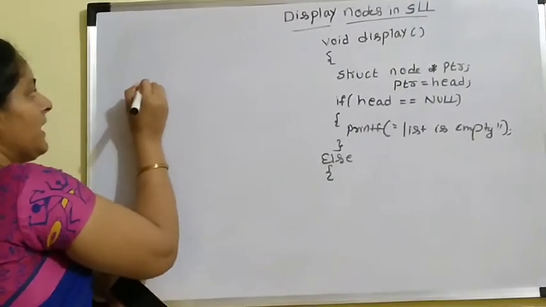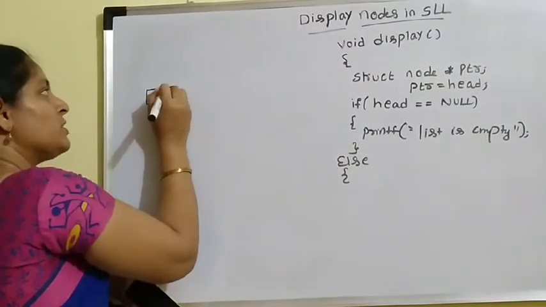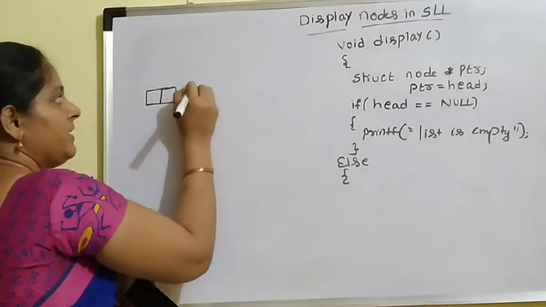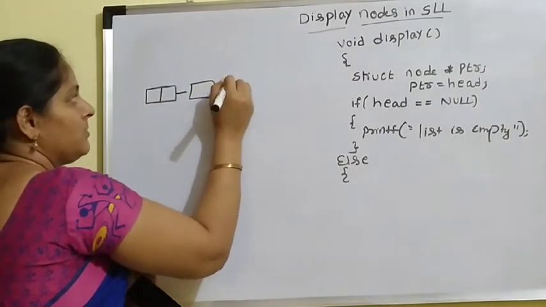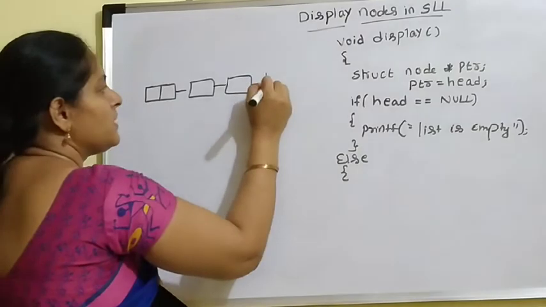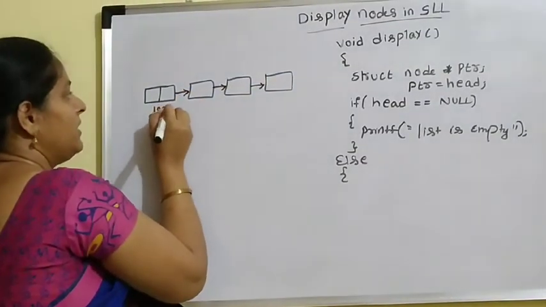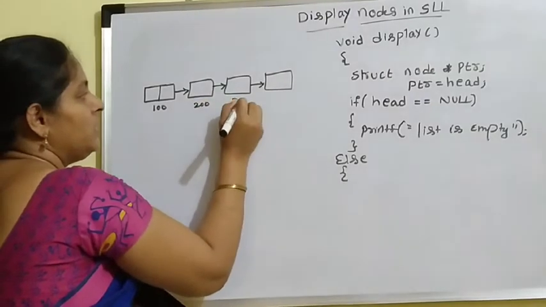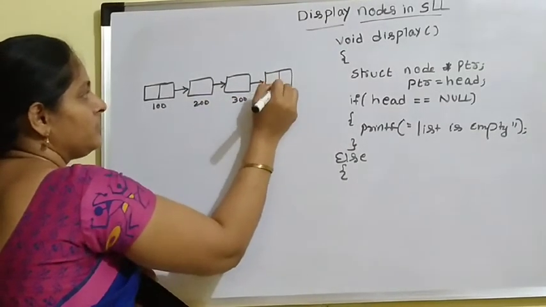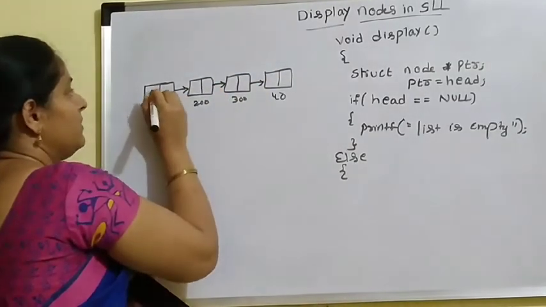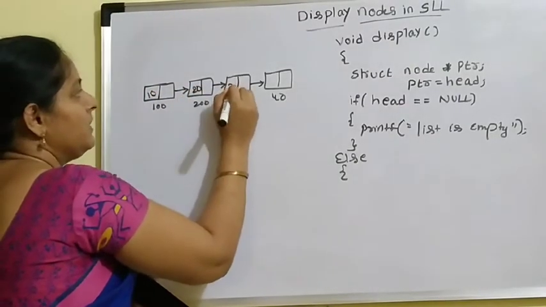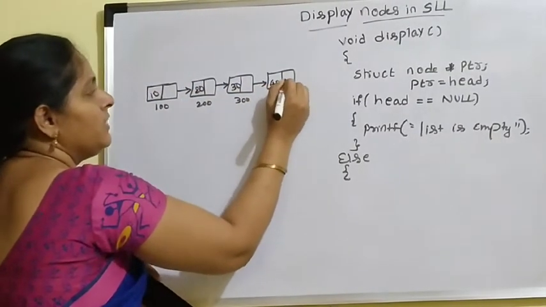As usual, assume that we have some nodes in the list. Just assume that 4 nodes are there in our list: 100, 200, 300, 400. First node is 10, 20, 30, 40.